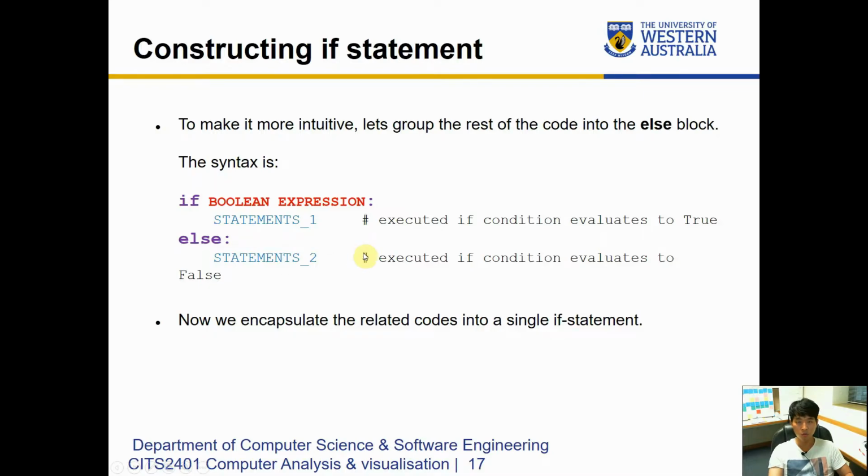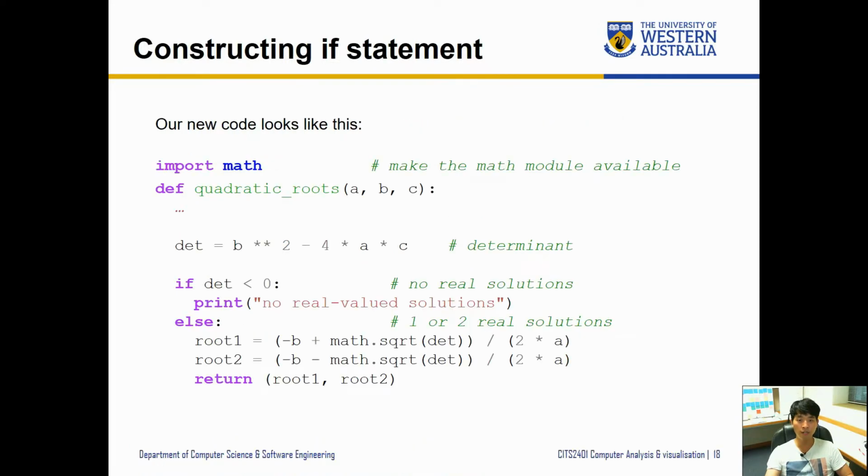By reformatting our current code into if and else blocks, it will look like this. We calculate the determinant, and if the determinant is less than 0, we print this out. Else, we calculate and return the roots. So this way, we don't have to do a return statement inside an if block. Normally, it's better not to do any returns in if statements, but for now, we will stick with this.